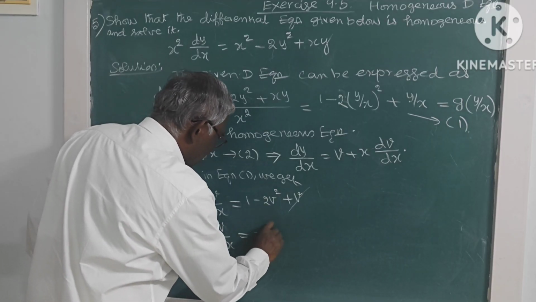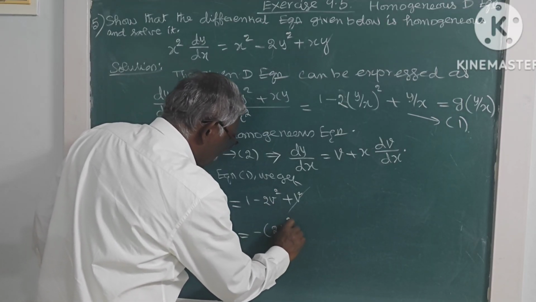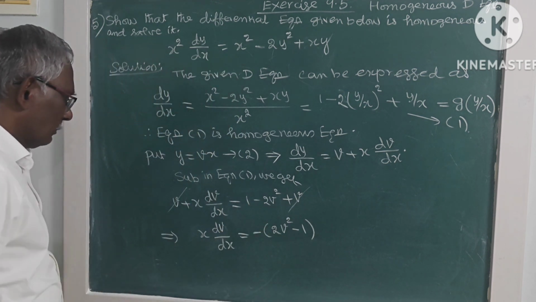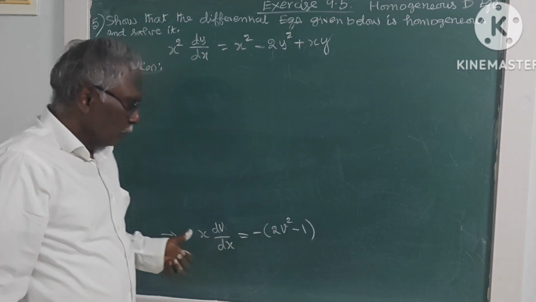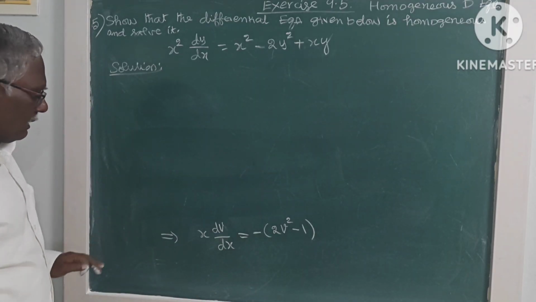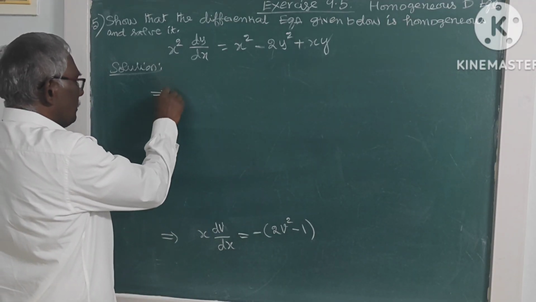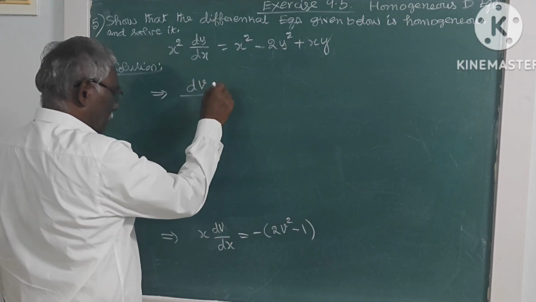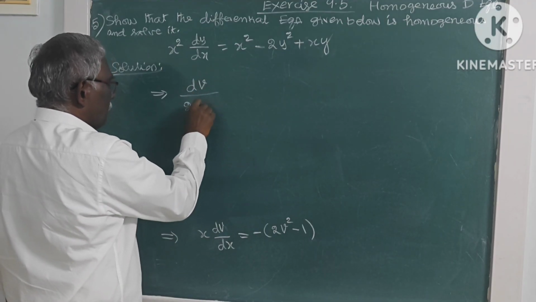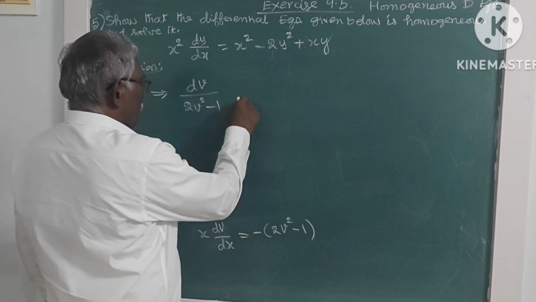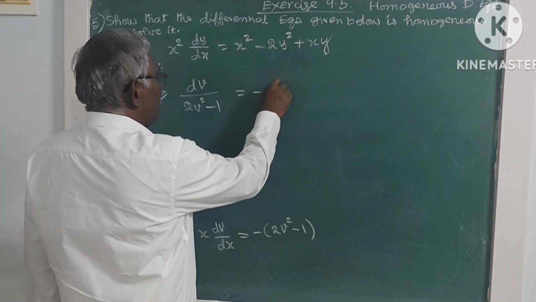So you can write minus of 2v square minus 1. dv is in the numerator, so take v on the left hand side, x to the right hand side. This is equal to minus dx by x.